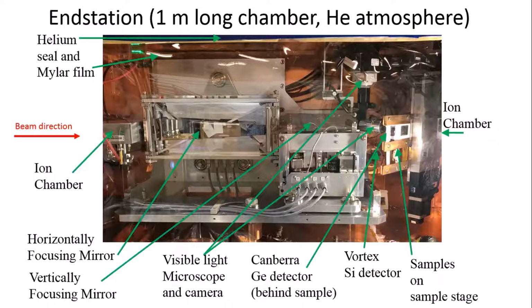Behind the sample, there's a Canberra germanium detector, which works very well in this energy range, and it also does not have the silicon escape peaks, which would be murder in this energy range. We do have a Vortex silicon detector just below that at a slight angle. That's also in use. And at the end, there's an ion chamber for transmission measurements. So that's a lot of things in that small box.